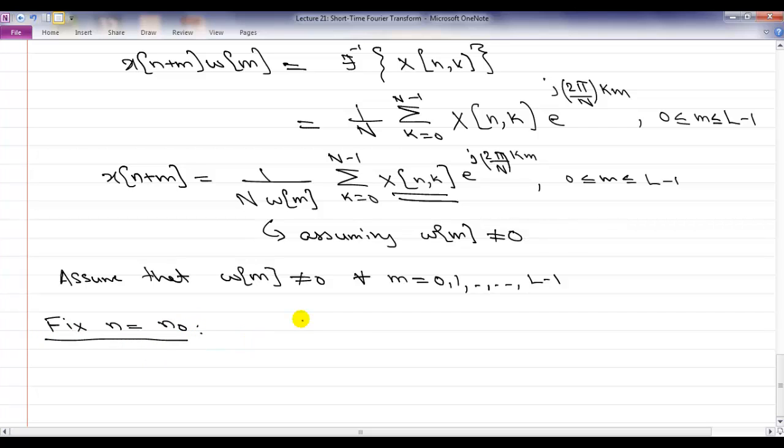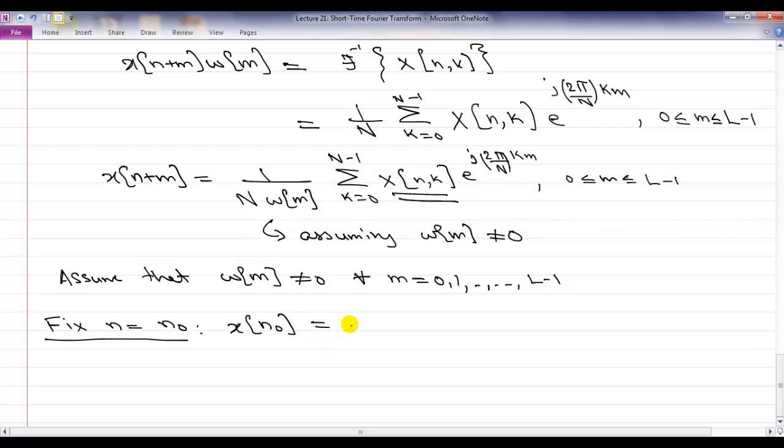Now let's ask ourselves, which samples of my short time Fourier transform do I need to reconstruct x[n+m]? So if I fix n naught, I can recover x. Let's ask ourselves about x of n naught.